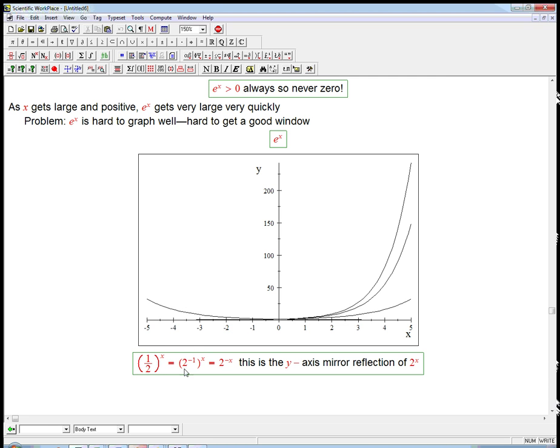And so that's a very typical thing. If this number is smaller than 1, you're going to get a decaying exponential. And in fact, a lot of the times you'll just see it written this way, because you don't have to use the fractions. It's a little bit tidier to write it as 2 to the minus x rather than 1/2 to the x. There's nothing illegal, though, about taking any big positive number and writing it to the x.